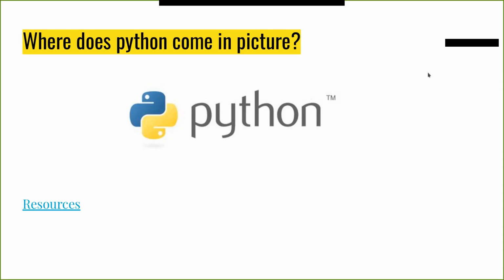I am assuming most of the audience knows at least the basics of Python. If you know the basics, you may be able to follow along with the code examples and the concepts I will show today.